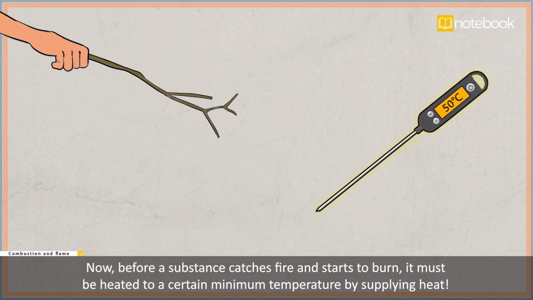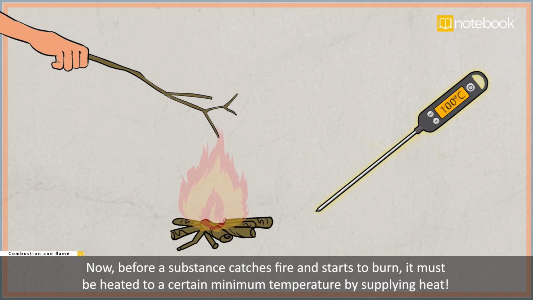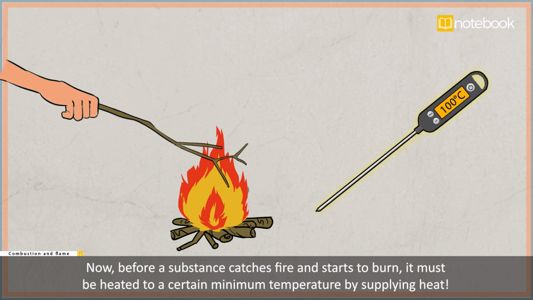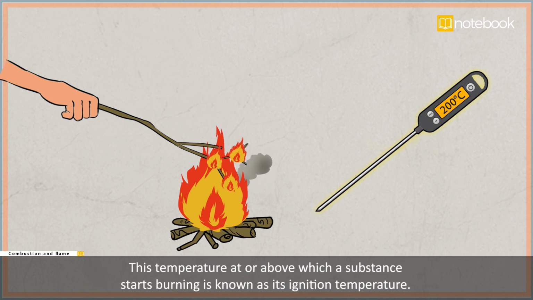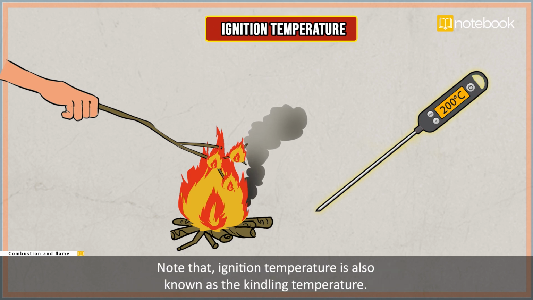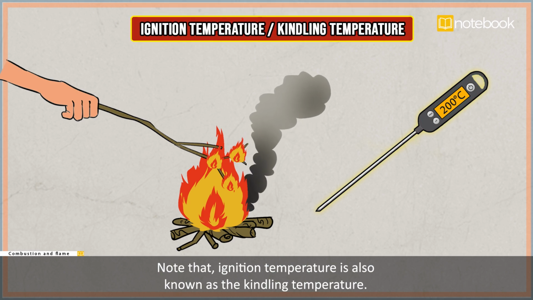Now, before a substance catches fire and starts to burn, it must be heated to a certain minimum temperature by supplying heat. This temperature at or above which a substance starts burning is known as its ignition temperature. Note that ignition temperature is also known as the kindling temperature.